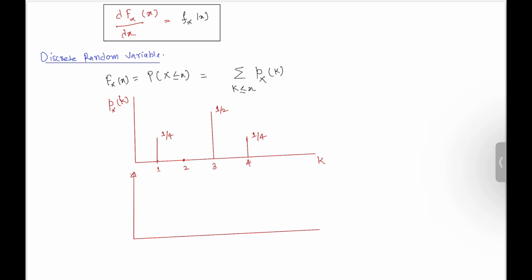And again, you see that we have used this dummy variable k. Why? Because if we used x again, you would have confusion, and moreover we have already used x for the CDF. That is why we are not using it again for the PMF, and so we have used another argument, which we call small k, right?